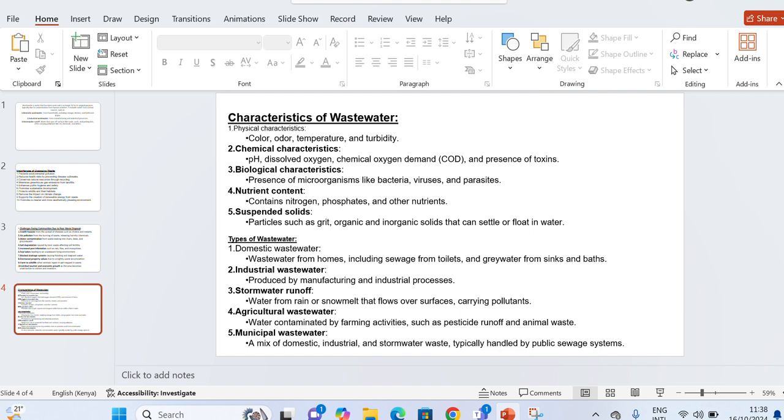For me, I have domestic. Domestic is normally waste that comes from home. Industrial wastewater, this comes from industries. Stormwater runoff, this is normally during rain time. Agricultural wastewater, that is for the agriculture sector. And municipal wastewater, these are from the municipality.